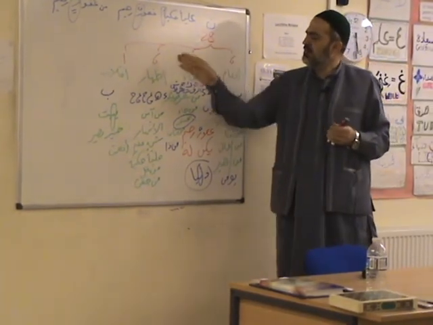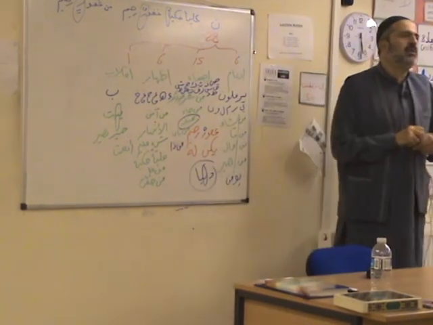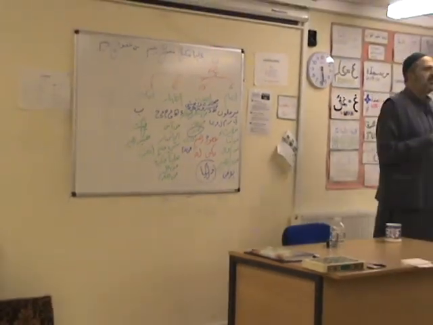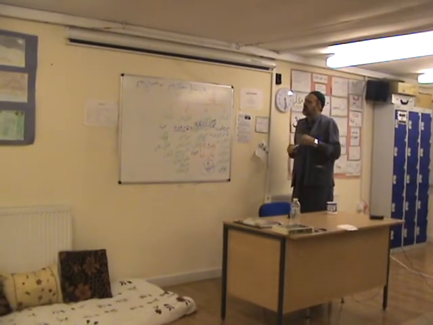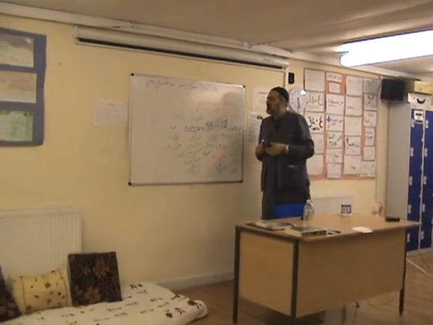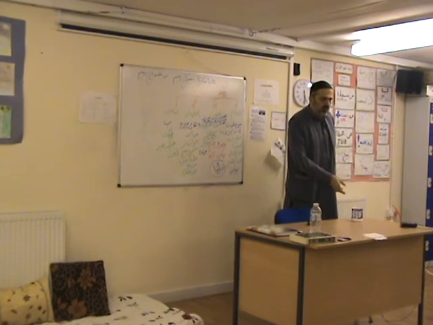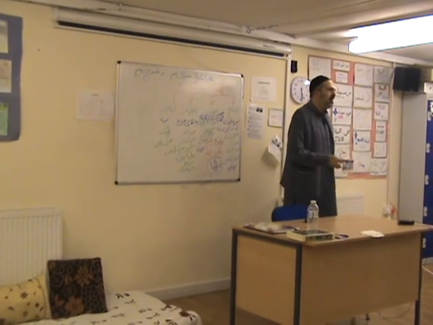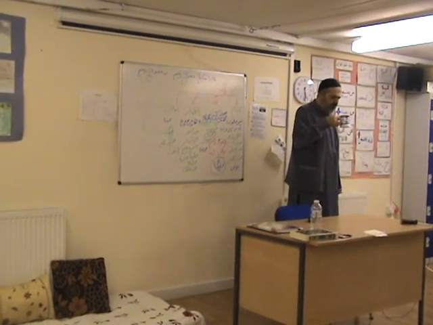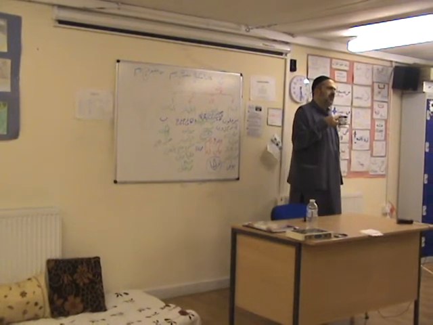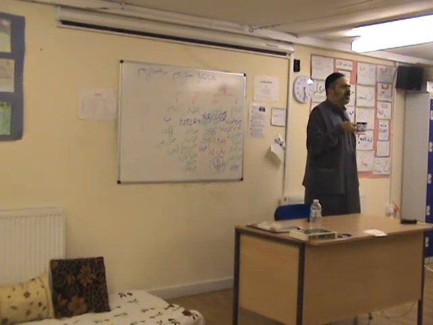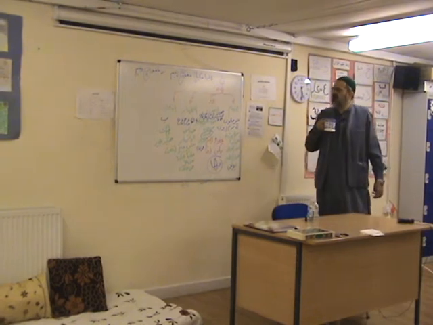Opposite of idgham, when you have the noon pronounced completely without any effect or any change, this is with the far, quite far letters from the noon, which are the ahruf al-halq, the letters of the throat. Regardless of whether they are in one word or in 2 words, the noon is not going to be affected by them completely.